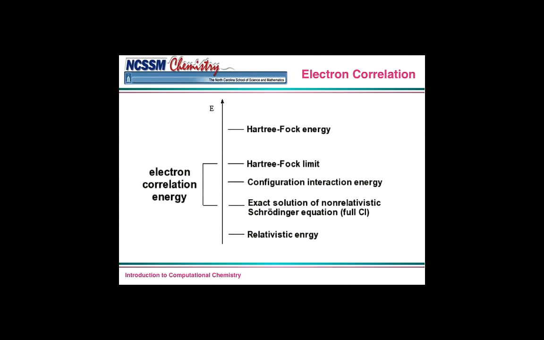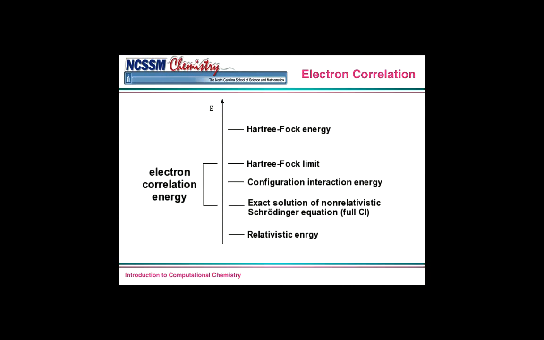Moving down to the next level, if I am able to have an infinitely good basis set and a pretty good mathematical method that looks at electron correlation, I'll be able to get a value called a configuration interaction, or CI, energy value, and that's even better.